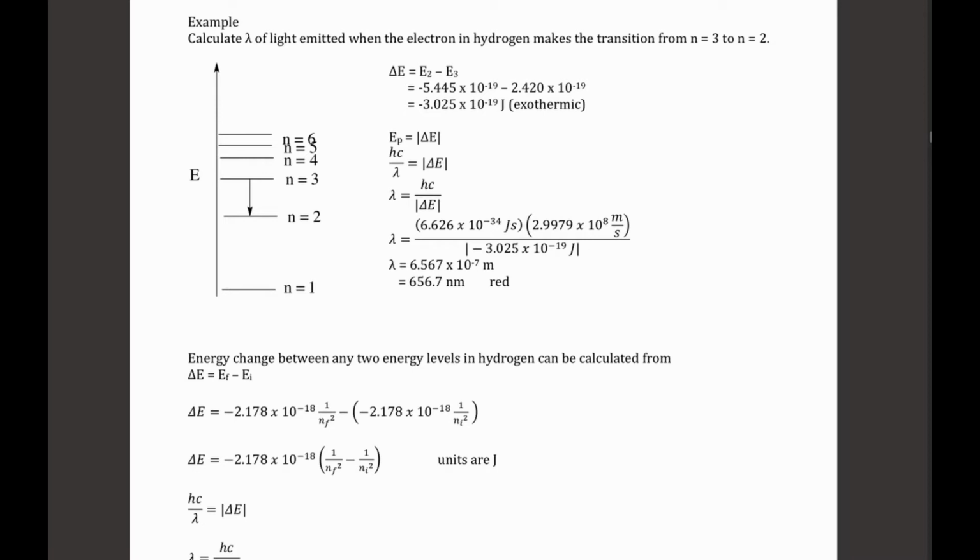We calculate after looking at units. The seconds cancel out, the joules cancel out, we're left with meters. We calculate the wavelength to be 6.567 times 10 to the minus 7 meters, or 656.7 nanometers. That is the red line that we talked about earlier in the hydrogen spectrum.